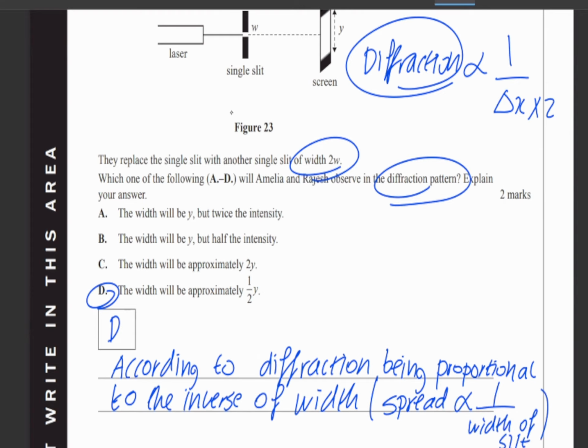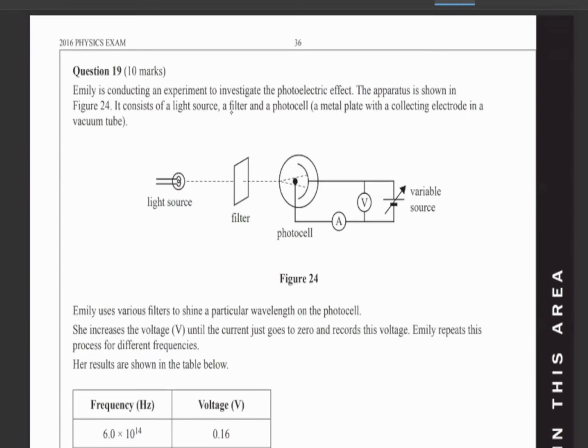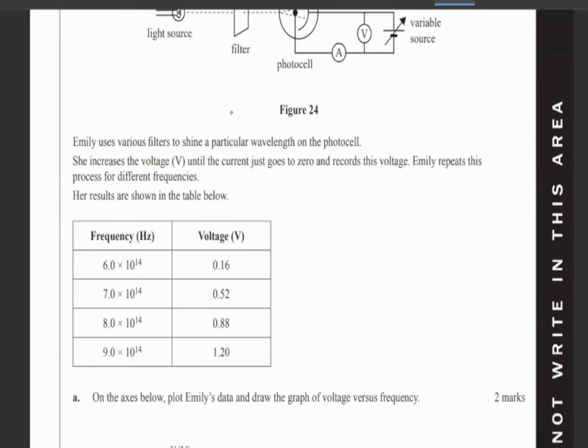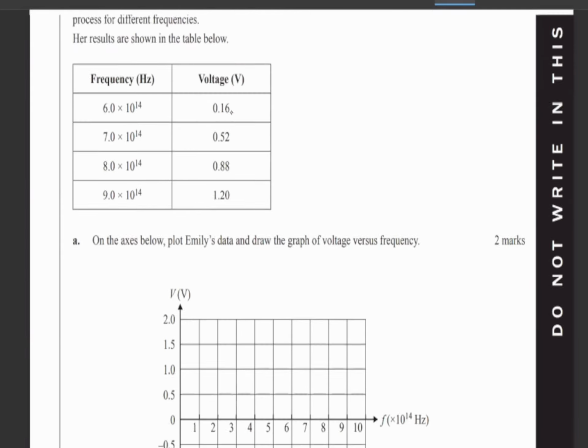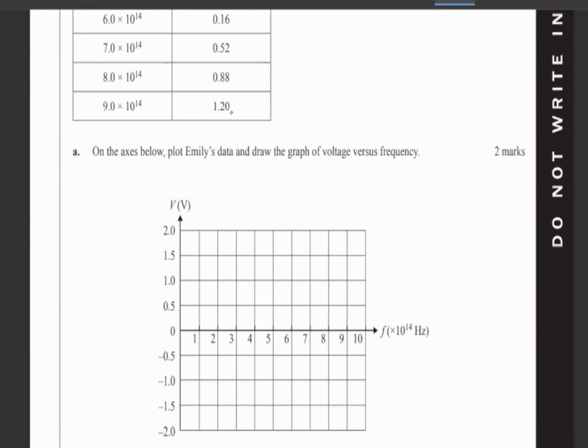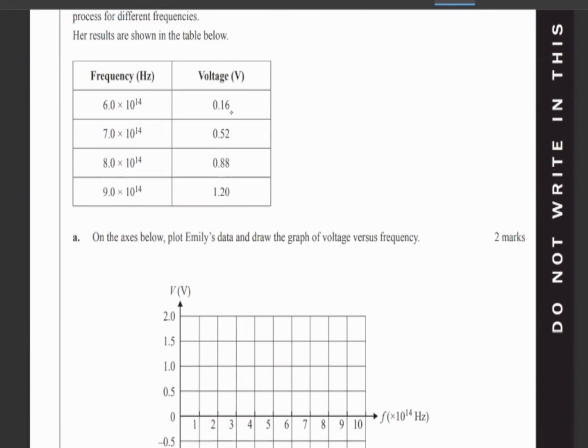Slit. 19. So we need to plot this. So 6 times 10 to the power 14 and 0.16, which is about here, I guess. 7, 0.52, around here. 8, 0.88, around there. 9, 1.2, I guess there.